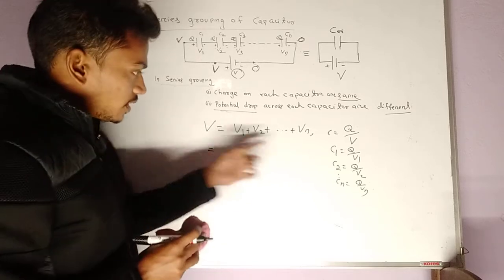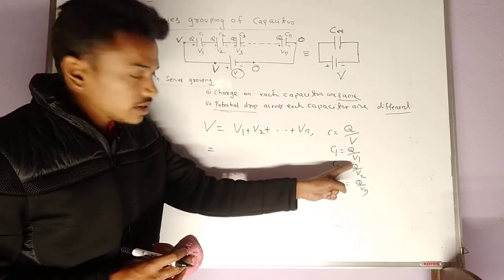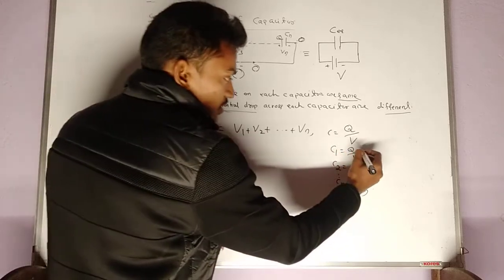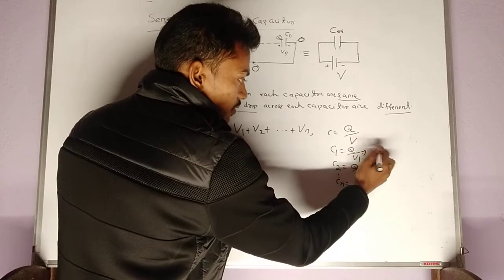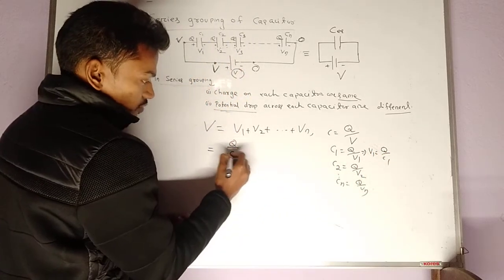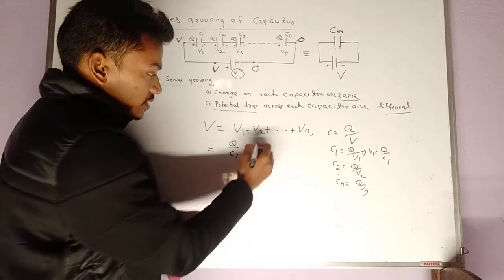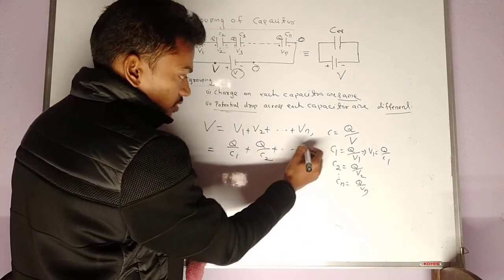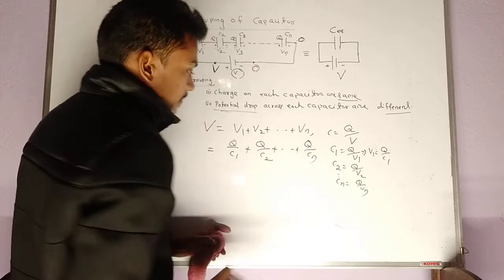So in place of V1 we can write V1 equal to Q by C1. In place of V2 we can write Q by C2, up to Q by Cn.